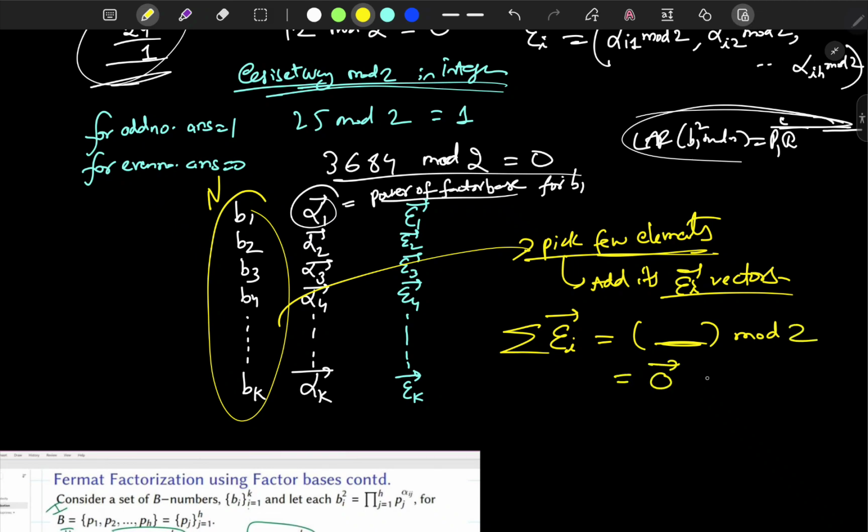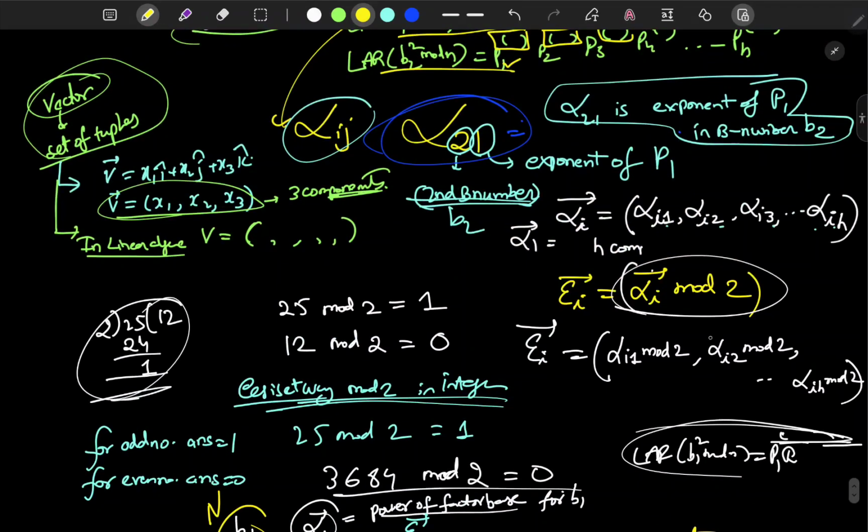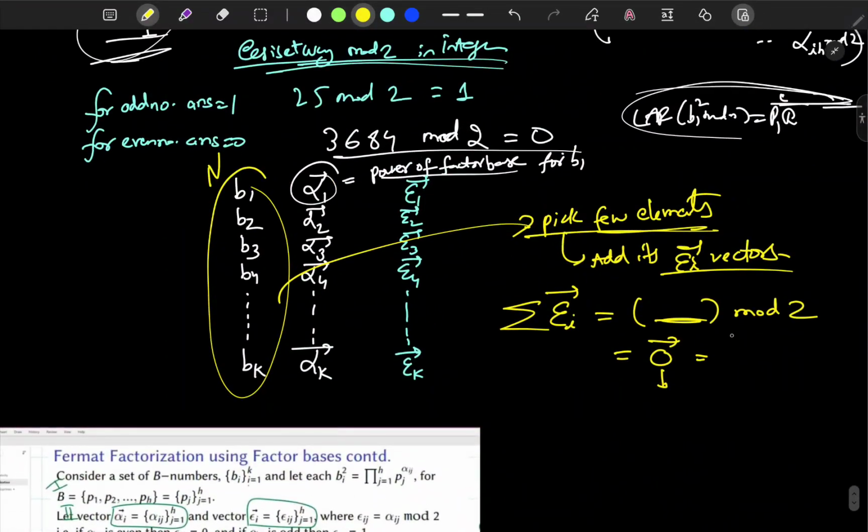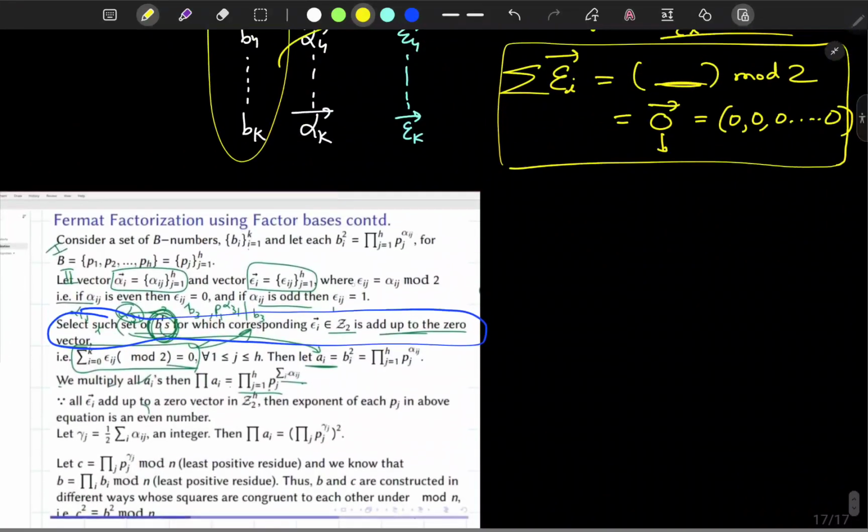What do you mean by 0 vector? In a vector we have h components, so all those components are 0.